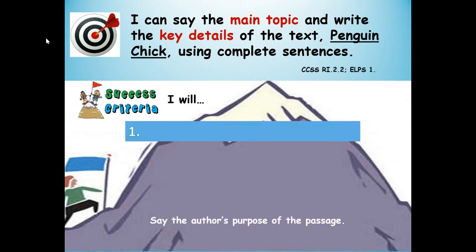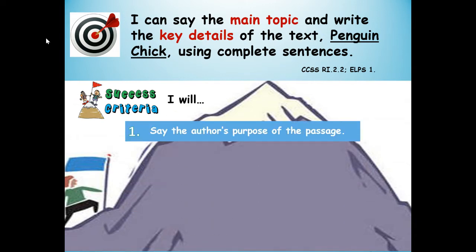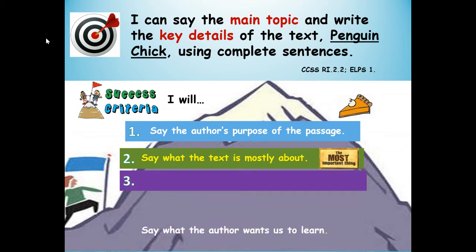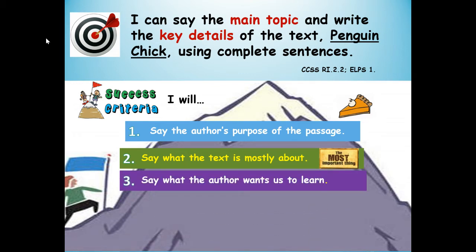I will, number one, say the author's purpose of the passage. What was the author's purpose? Why did he or she write the text? It's as easy as pie, and we'll go over that in a second. And then I will, number two, say what the text is mostly about, the most important thing or the main idea. Then you're going to say what the author wants us to learn.